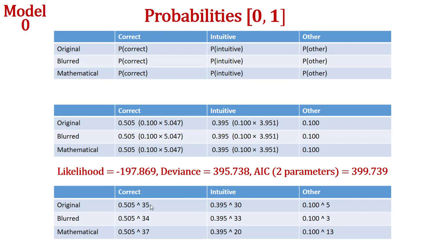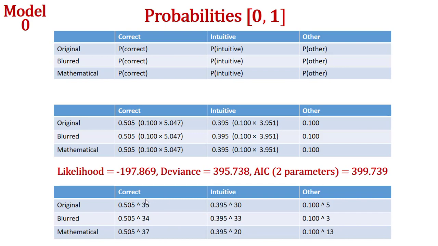And the probability of observing another answer is 0.100. What the actual data is, in the original problem, 35 were correct, 30 intuitive, and 5 other. For blurred it's 34, 33, 3, and for mathematical 37, 20, 13.